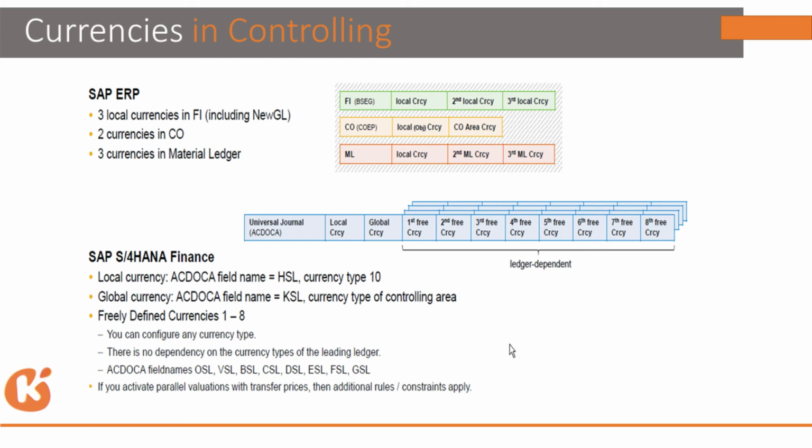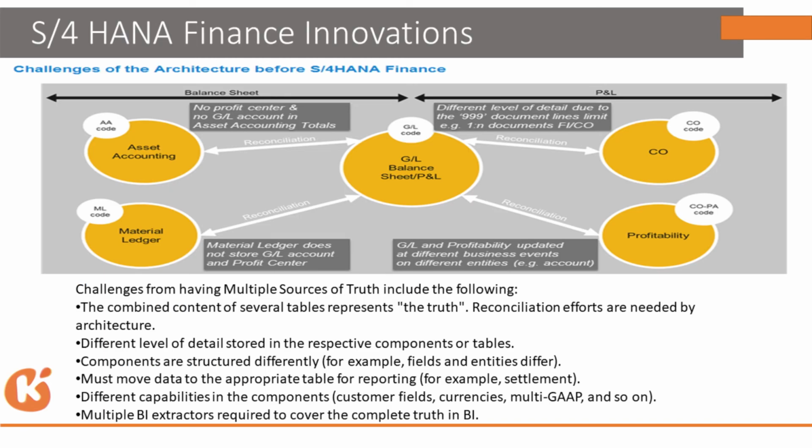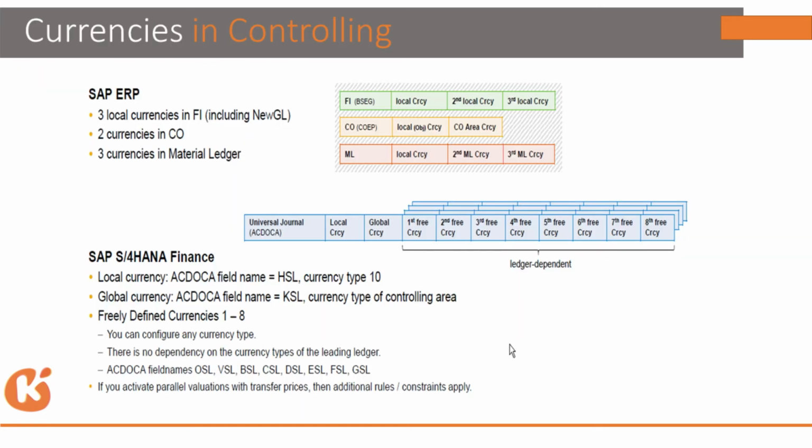This slide also we discussed last time, right? What was the major challenge in architecture before, in ECC basically? What are the major challenges? Then these are the currencies we discussed, right? So earlier in ECC, these are in FI 3 currencies, CO 2 currencies, and 3 currencies in ML.